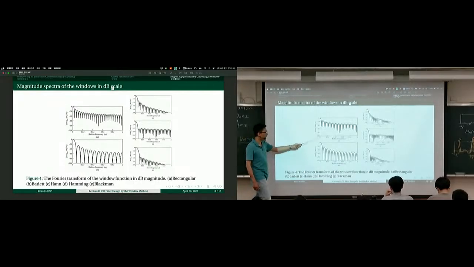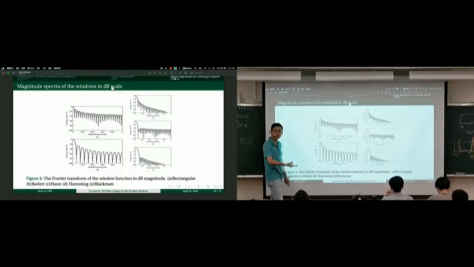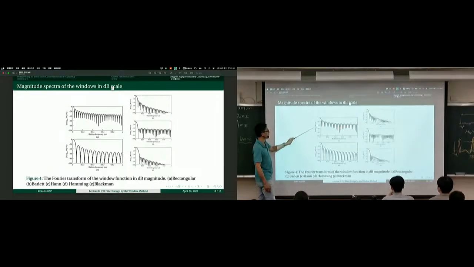So Blackman has the best suppression, but as a trade-off, we exchange this performance with an increase in the width of the main lobe. Note that the main lobe width is the widest for Blackman, followed by Hahn and Hamming. Hahn and Hamming are narrower than that, but yet wider than rectangular.